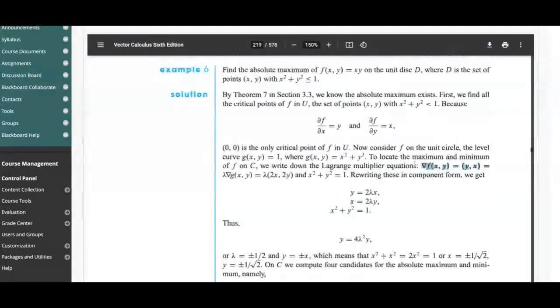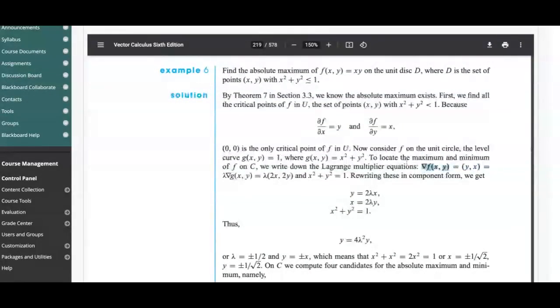Okay. Look at the gradient f. What is the gradient f?